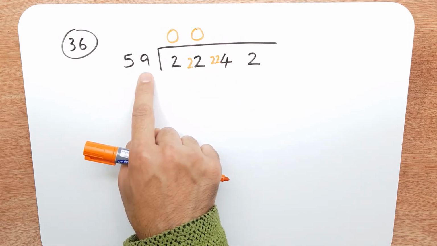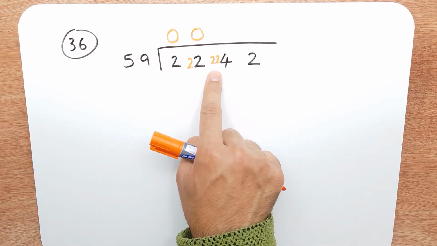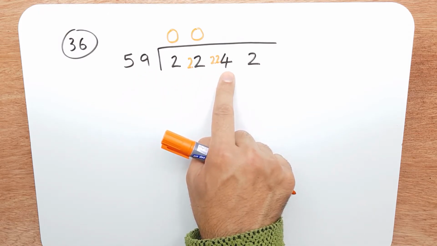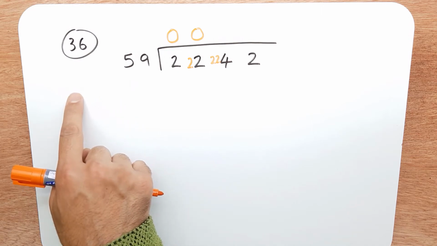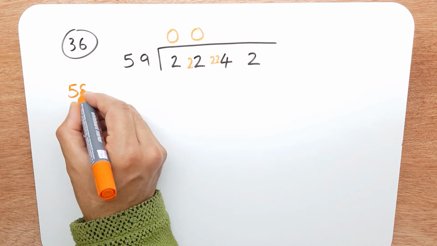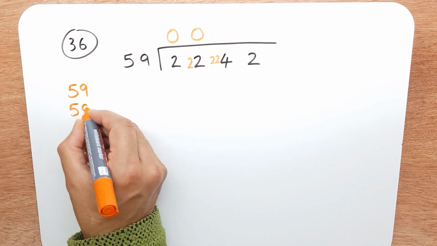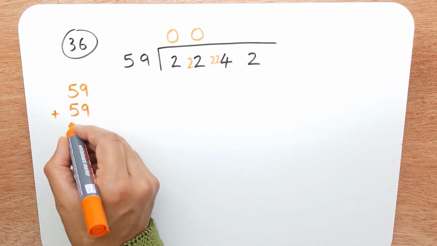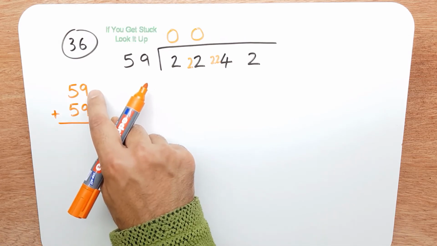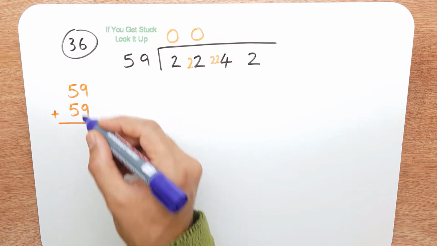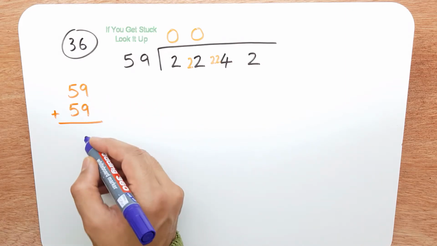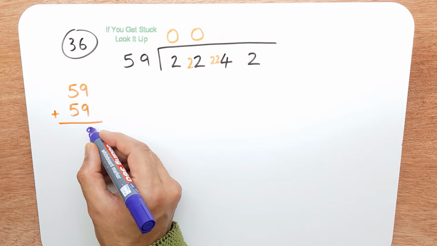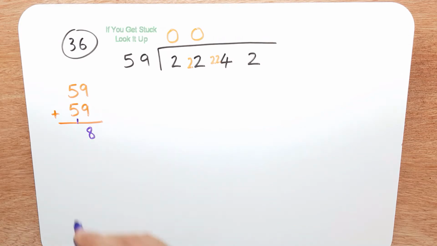So how many 59s are there in 224? So what we can do is, we can do it this way. We can do simple addition. Let's do that. So 59 add 59. 9 add 9 is 18. We put the 8 down and carry the 1 over.